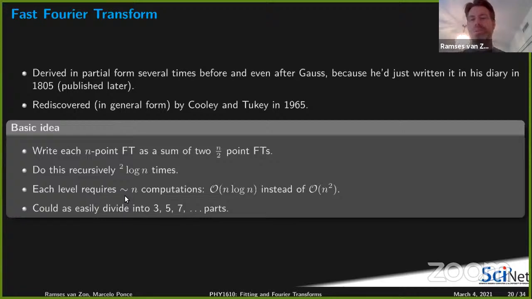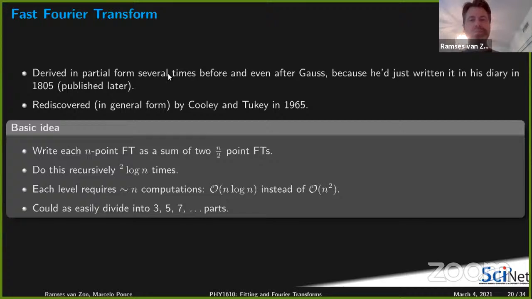And now here's an unfortunate thing. Not that many people were doing Fourier transforms, I guess. And even Gauss thought this was just a clever trick. So he wrote it up in his diary, but he never really published it. His diary was published later. But nobody really knew that there was a faster way to do this. And it actually had to be rediscovered by Cooley and Tukey in 1965, and that was more in the context of computers at that point.